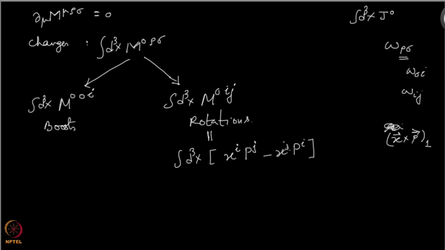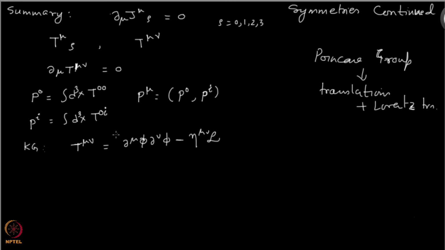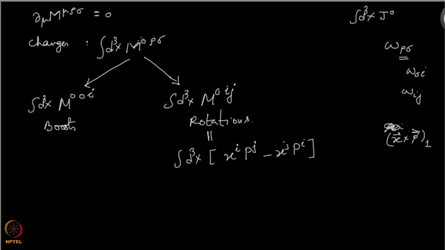That is fine, which means that these p's are the operators which we have found here already, these p^mu. p^mu is encoded in the T^mu nu; putting the mu index 0 and doing the integral, you get p^mu. So we see that the charge corresponding to rotations will be constructed out of x and the momentum operator.